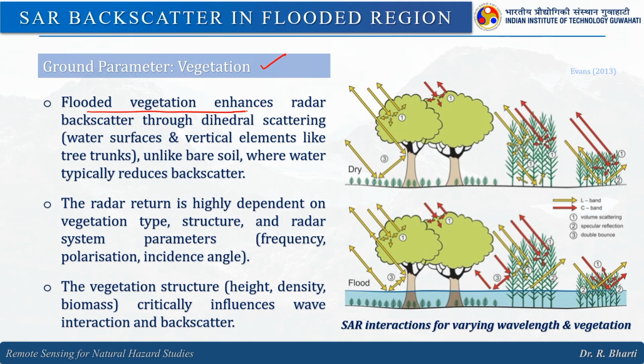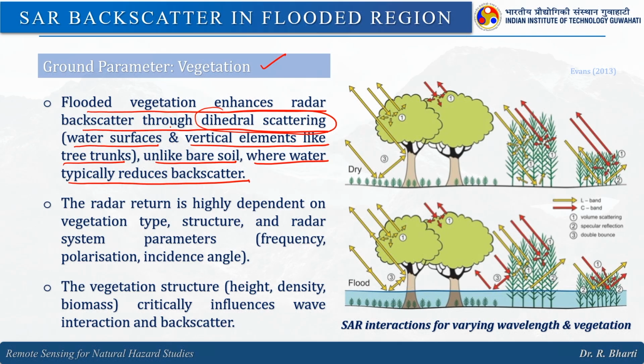Flooded vegetation enhances radar backscatter through dihedral scattering, which comes from the water surface and vertical elements like tree trunks, unlike bare soil where water typically reduces backscatter, right. So, because of these tree trunks and the vertical structures, you will have more information because of the dihedral scattering. The signal will get modified and you will have brighter pixels.